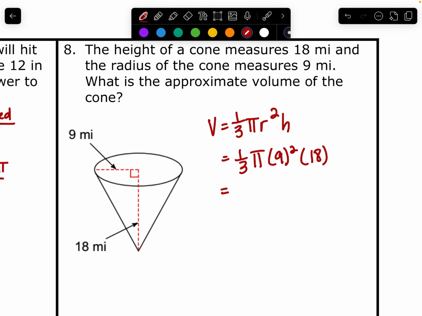Everything's being multiplied, so we can go out of order. 1/3 of 18 is 6, so that helps. 9 squared is 81, so 81 times pi times 6. What's 81 times 6? That's 486 pi. I think that's right.